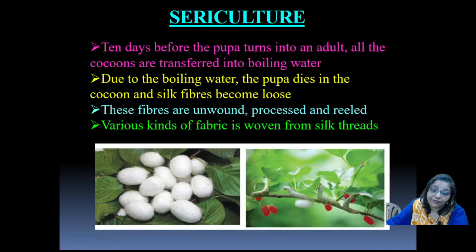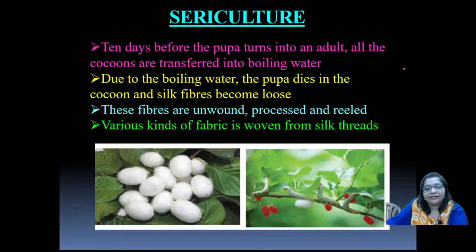Ten days before the pupa turns into an adult, all these cocoons are collected and transferred into boiling water. Why is this done? These cocoons are the raw material for silk. Due to the boiling water, the pupa inside dies within the cocoon itself, and the silk fibers become loose. These fibers are unwound, processed, and reeled.